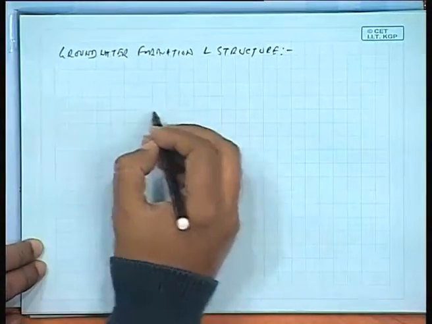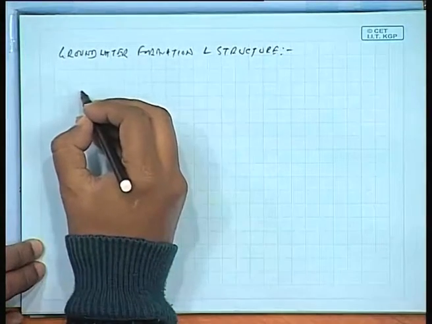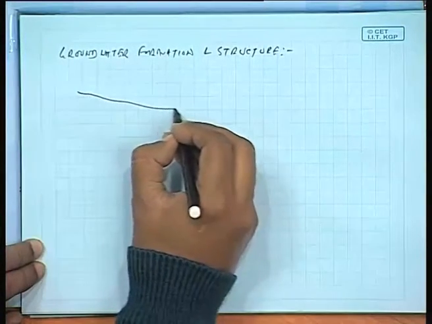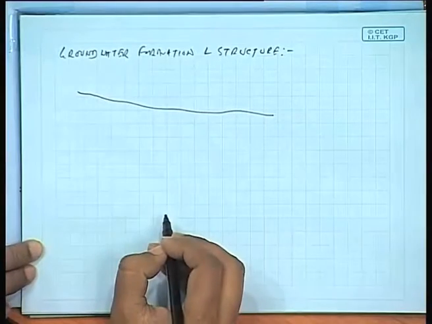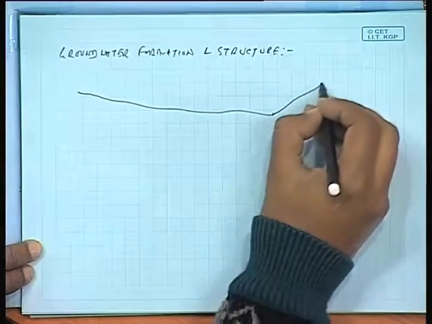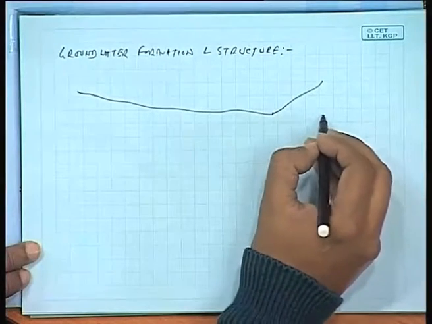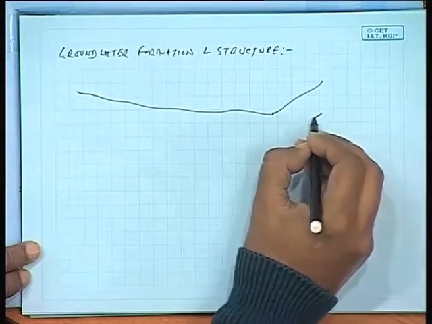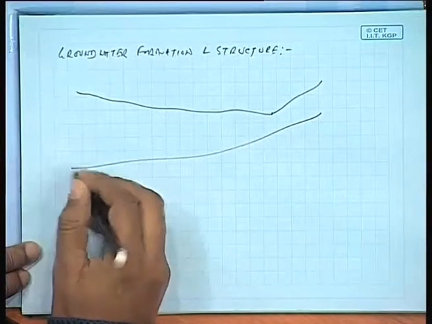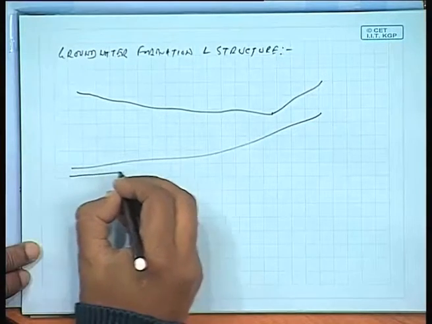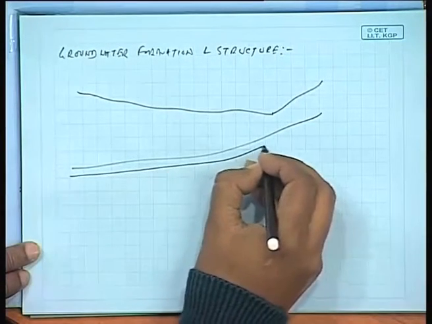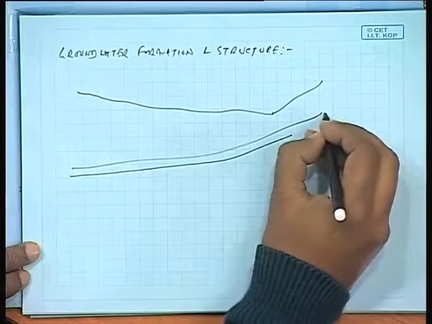This is generally a surface topography, and inside this surface topography we have a groundwater source which is locked in.